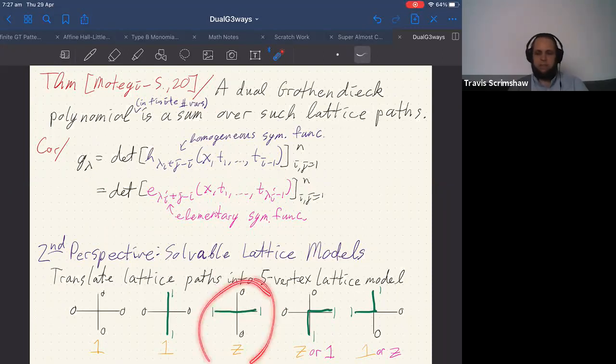So this vertex doesn't change no matter which way you do it, but you have a choice over here. If this is Z, then you've started it to the left. If this is Z, then everything goes to the right with how you count them, but it ends up counting the same thing. And it turns out that in either case, it is a solvable lattice model with a nice R matrix and everything that you're used to.